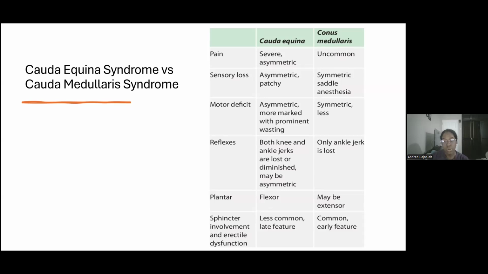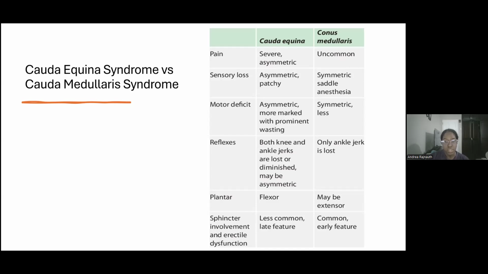Motor deficit in cauda equina is asymmetric with more prominent wasting. In conus medullaris it is symmetric and less prominent. Reflexes for cauda equina are diminished and maybe asymmetric. In conus medullaris, only the ankle jerk is lost.